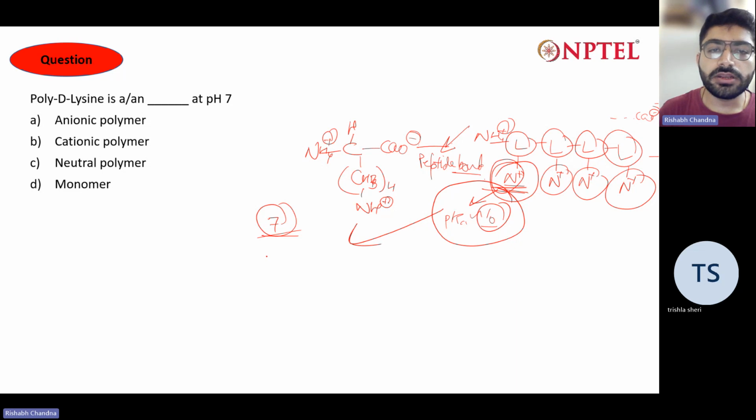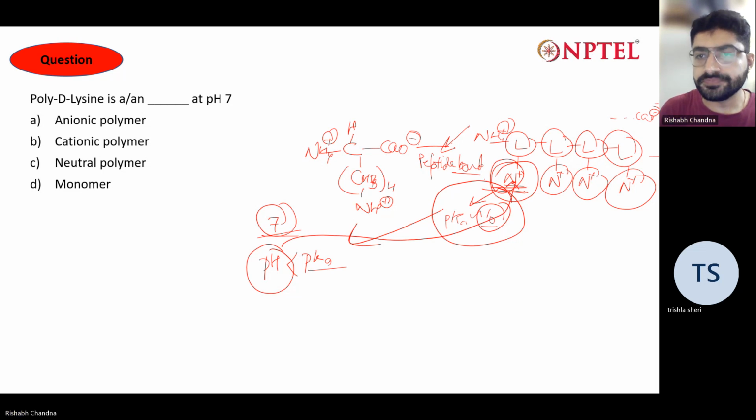What will happen if we have a pH of less than the pKa value? The hydrogen ions are very high in this case. These hydrogen ions will go and bind to this N group, combining H plus there.